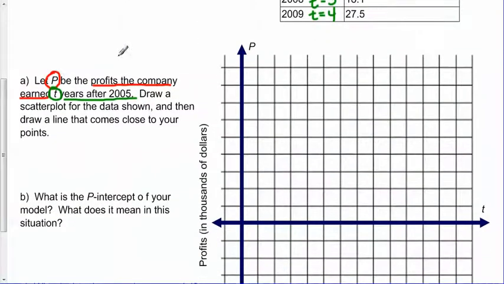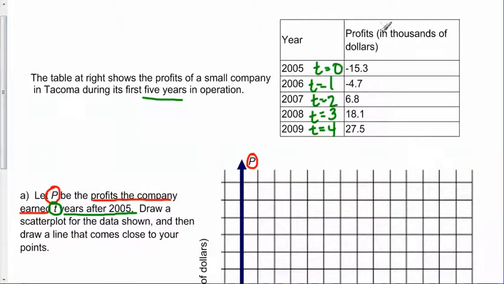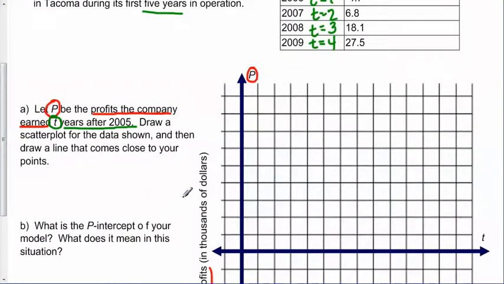So they told us to use capital P. So here's my capital P. They told us that capital P is the profits that the company earned. Here's my profits. And if you remember up on this table, we have it in thousands of dollars. And so I've gone ahead and added that information here so I don't have to write my scale with all of those zeros. T is years after 2005.